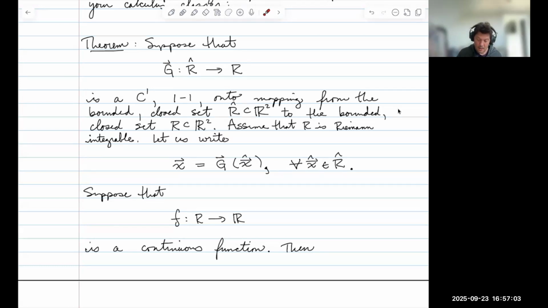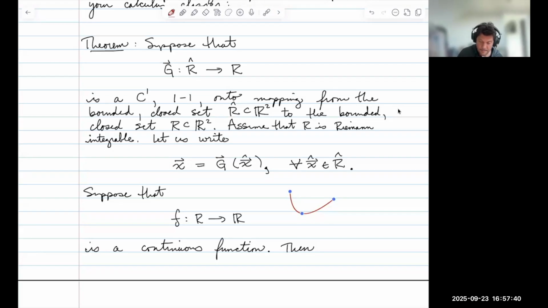Okay. All right. So now let's write x equals G of x hat, where x hat is anything in R hat. In other words, what I'm thinking about doing is transforming my coordinates x hat into coordinates x. So this is kind of a coordinate transformation. I have a starting region over here in space.